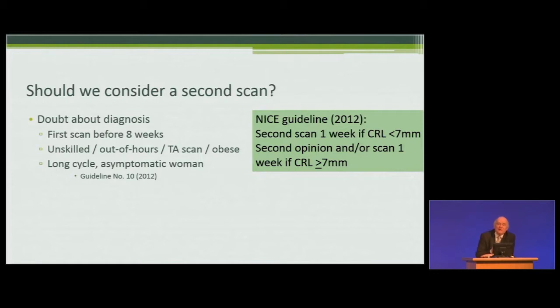So there is no place that NICE are saying that somebody can walk in with a baby with a CRL of 10 and no fetal heart, and you can just say to her, okay, miscarriage, let's go down to theatre. So they're building in a lot of delay there in reaching a diagnosis.